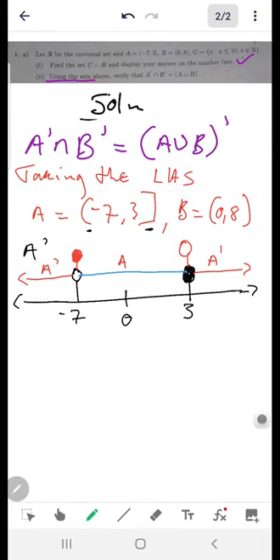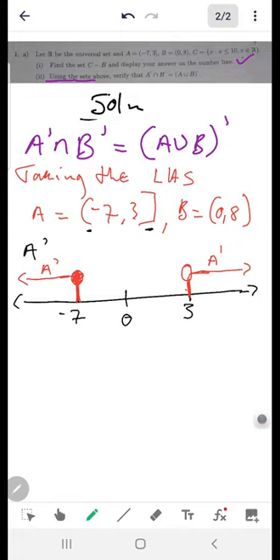If we were to draw A complement, this is how it will look. It will be shaded there, and this side will not be shaded. That's A complement. Okay, we have drawn A complement.